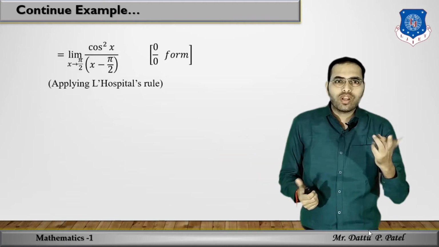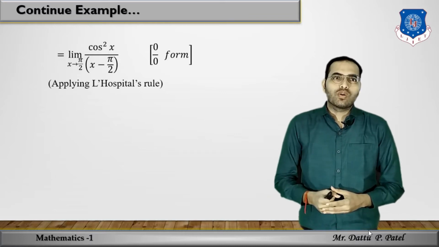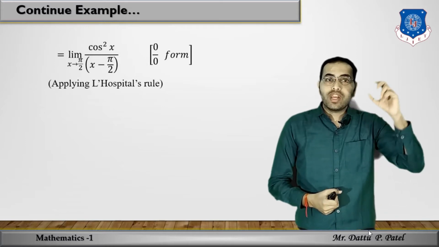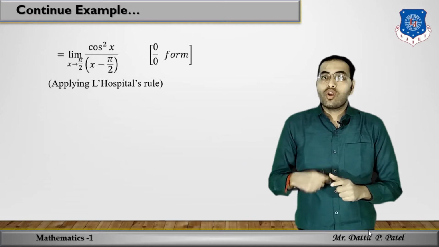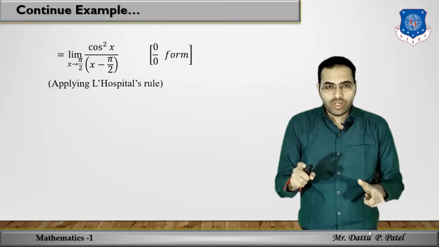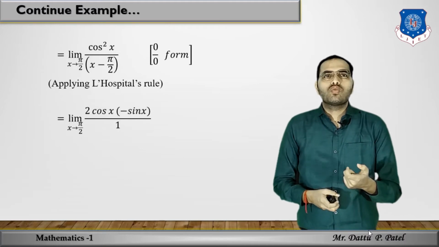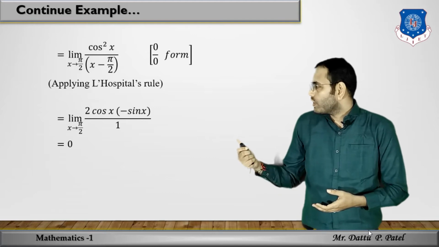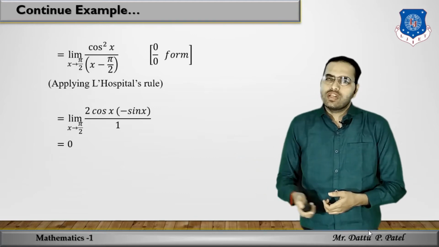If it is 0 by 0 or infinite by infinite form, then we apply the L'Hopital rule, taking the derivative of the numerator and the derivative of the denominator individually. We cannot go for the quotient rule, correct? Then it becomes 2 cos x into minus sin x divided by 1. Now applying the limit x as pi by 2, it becomes 0, which is finite.